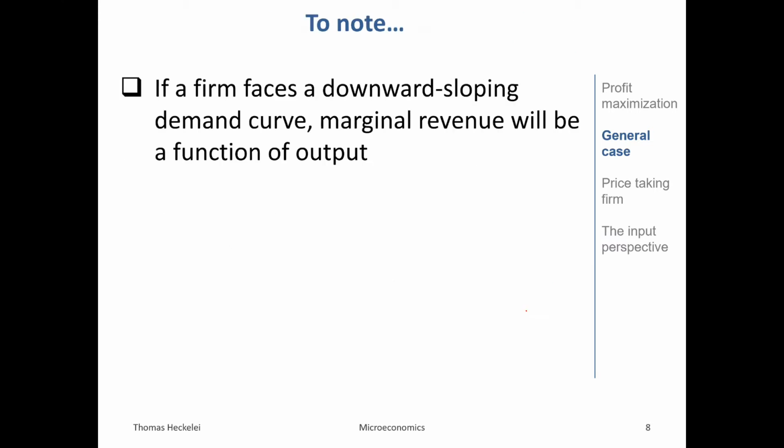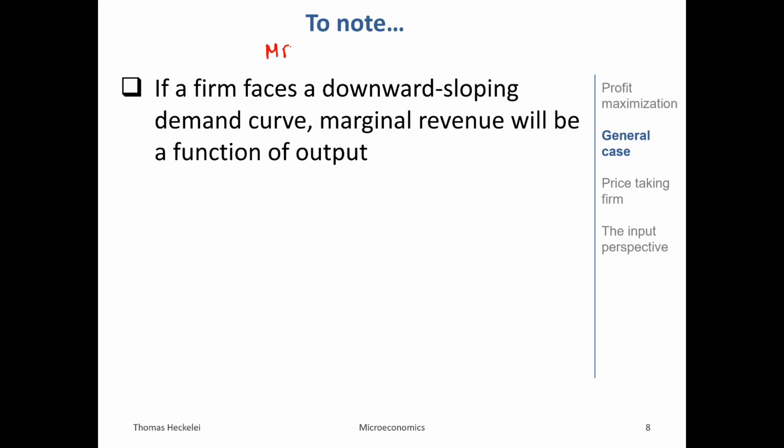The implication of the downward sloping demand curve is that marginal revenue will no longer be the same as price, but it's a function of output, what we just derived. Let's write it down again here.